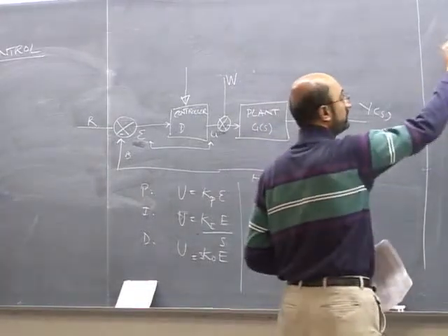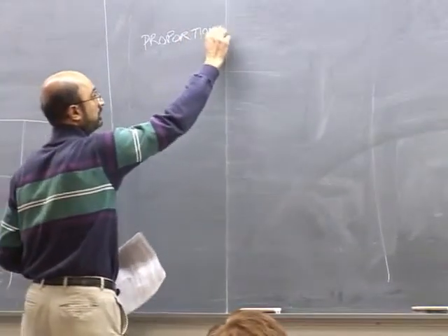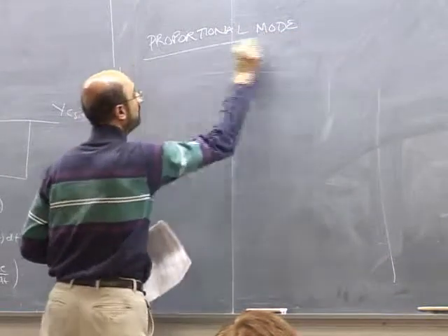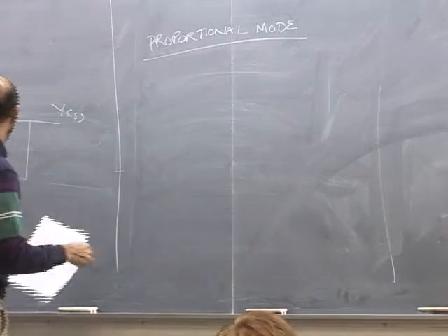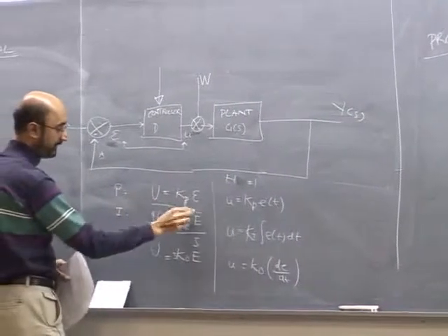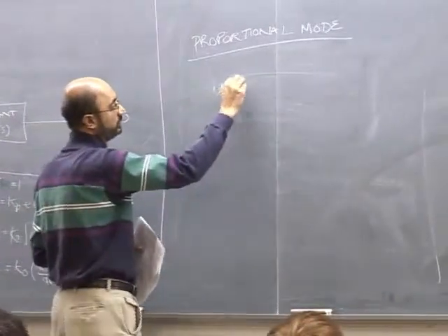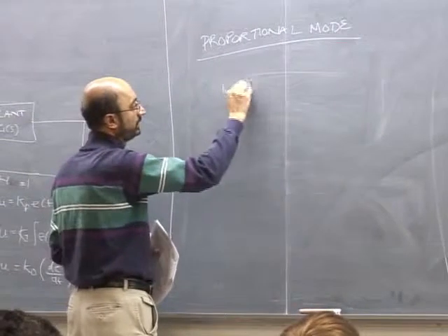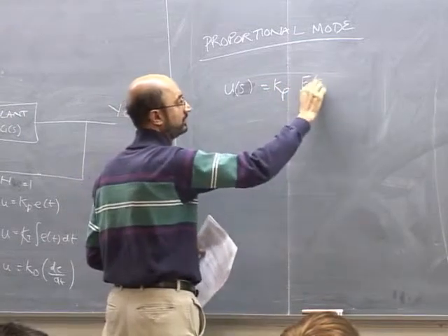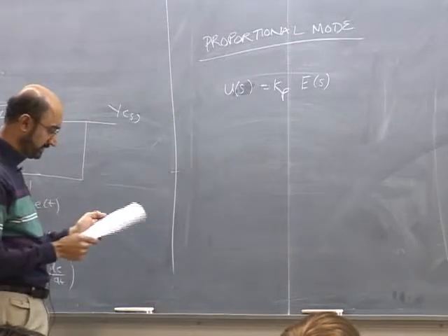Let me start with proportional mode control. In proportional mode control, U equals Kp E, or to be more precise, U(s) equals Kp, a constant, times E(s).